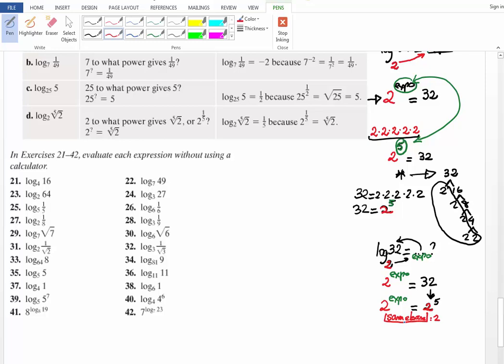Now there's a property in math that says when you have the same base on both sides raised to some exponents, the exponent on the left has to match the exponent on the right. So 2 to the mystery exponent, if it's equal to 2 to the fifth, then the two exponents are matching just because we had the same base. So that's telling me that the mystery exponent had to be 5.